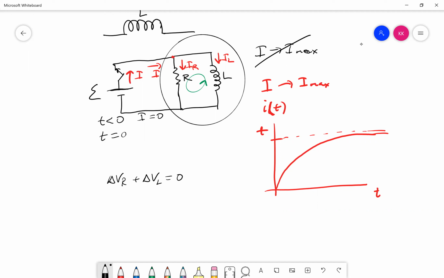And the potential difference across the resistor is just current times resistance, but it's going to be a drop. So it's going to be current I, and by the way, I'm going to start writing it like this since it's a time varying current, so I_R and I_L.